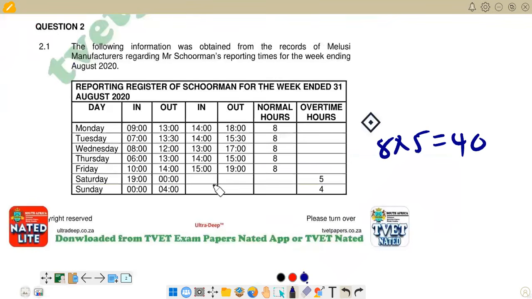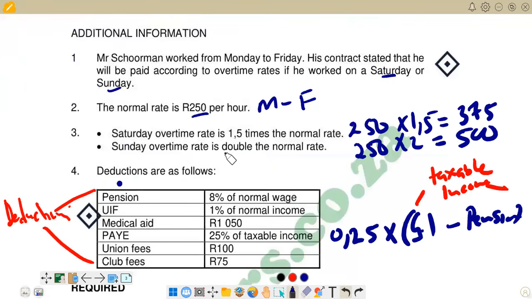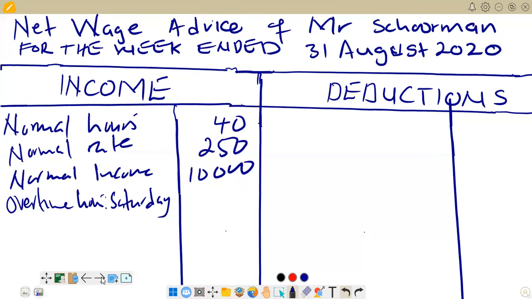For Saturday, we only have 5 hours for overtime. So we go there and put those figures. Here, Saturday, we've got 5 hours for overtime hours.